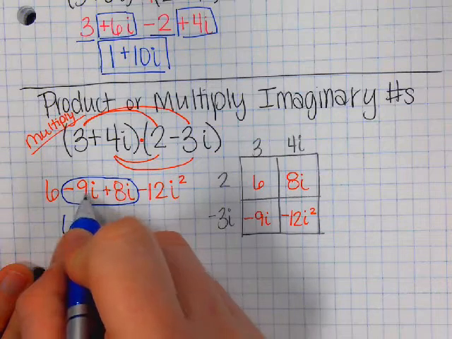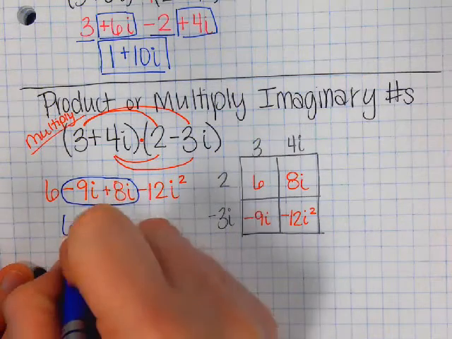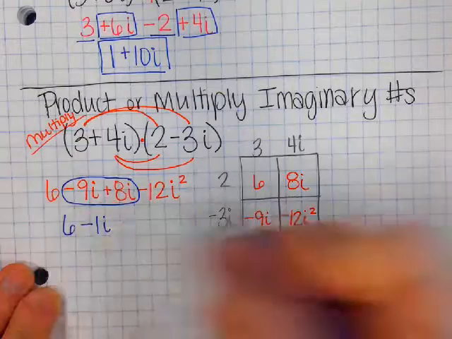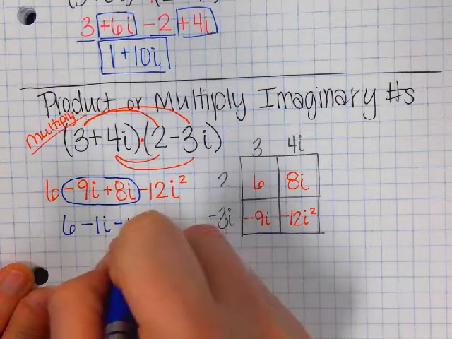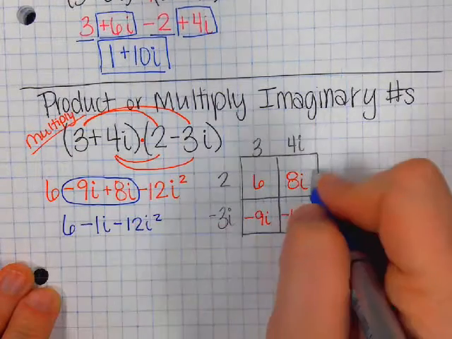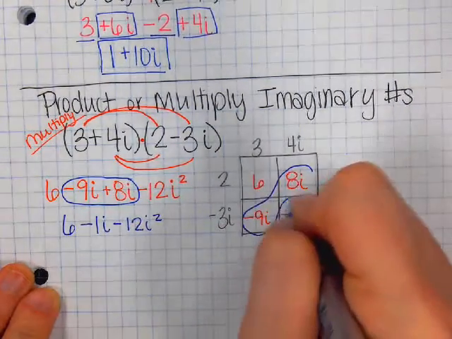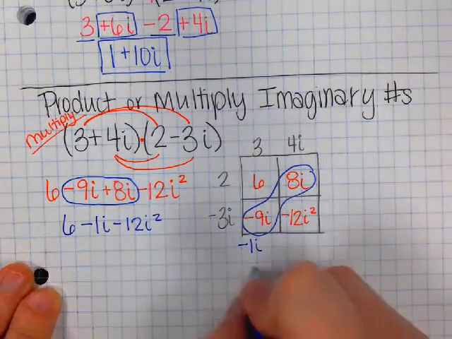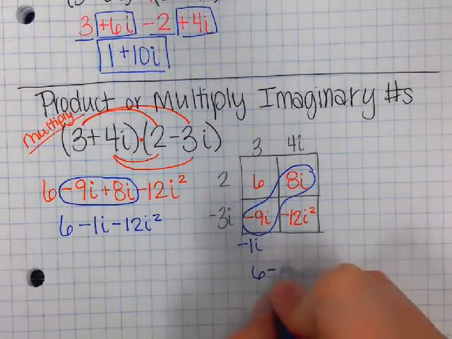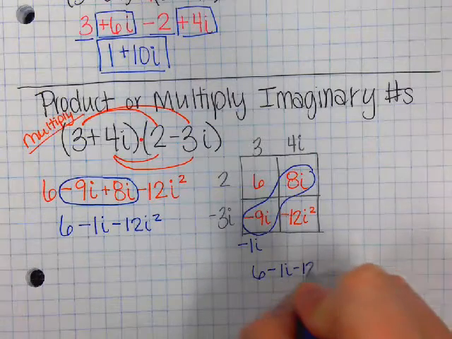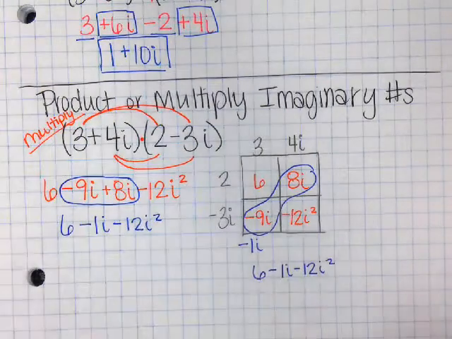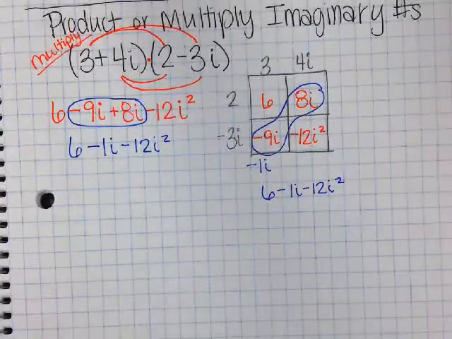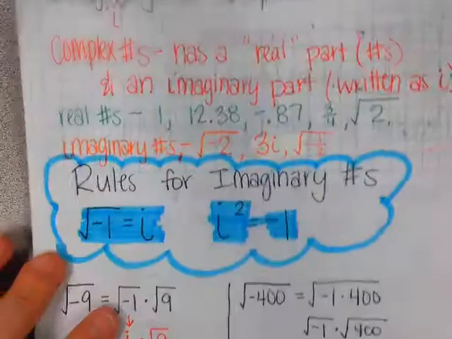So we have 6, negative 9i plus 8i. If I owe you $9 and I give you 8, I still owe you $1 more. And then minus 12i squared. This right here is negative 1i. So it'd be 6 minus 1i minus 12i squared.